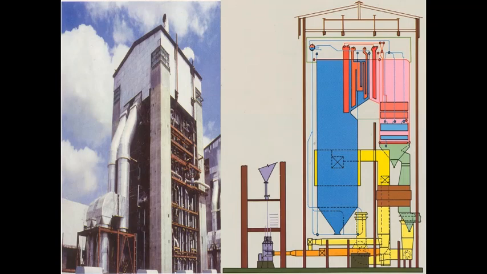So the layout itself is made in such a way that heat transfer is made possible, and the segmentation of the heat traps is made in such a way that flue gas velocity is also controlled, so that there is sufficient time for the heat to be transferred.